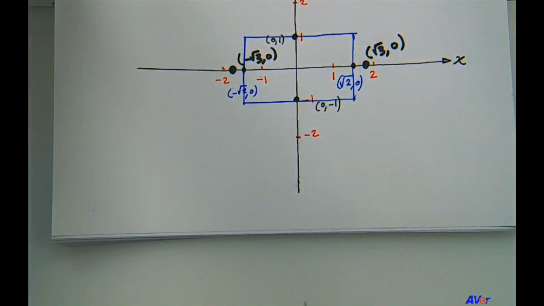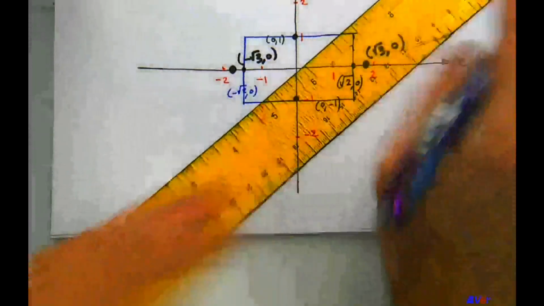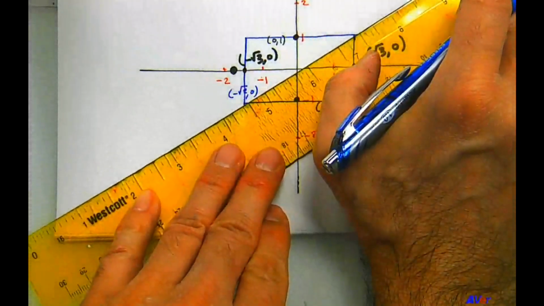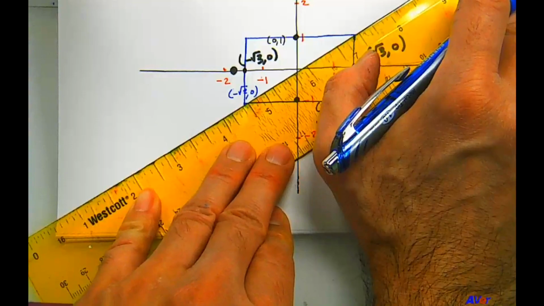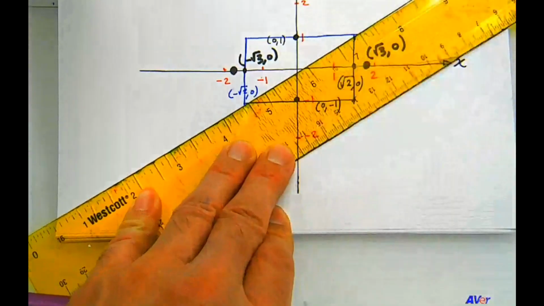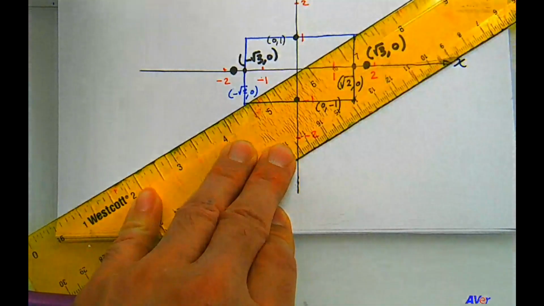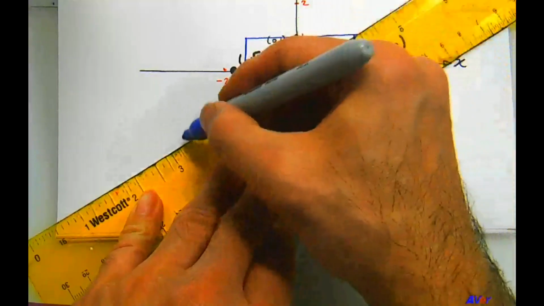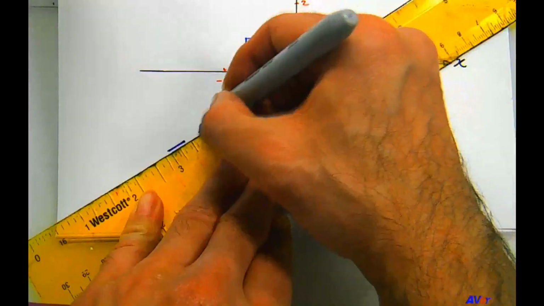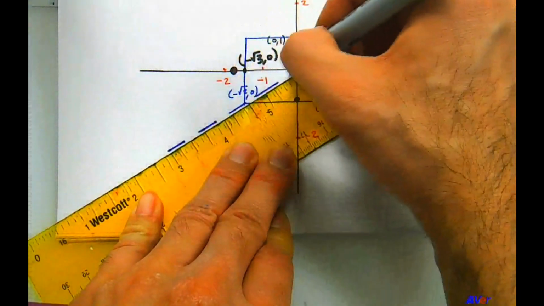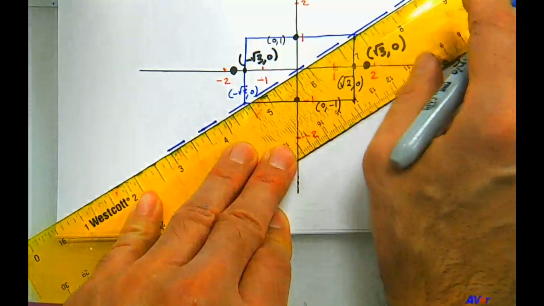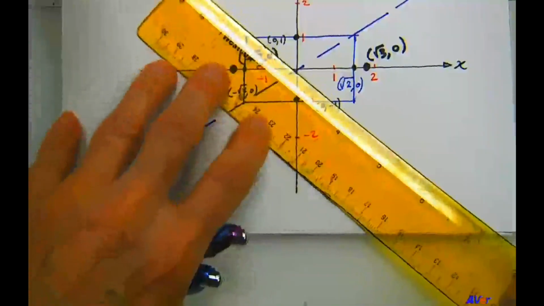Okay, now we can draw the asymptotes, right? The asymptotes will be in a much more accurate place than what I drew before, since numbers are involved here. So 1 will go this way, like that, and 1 will go this way.